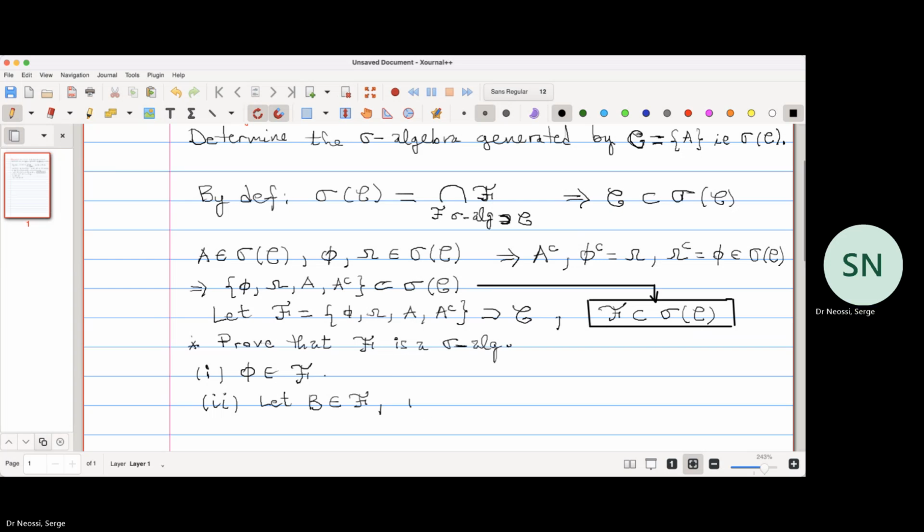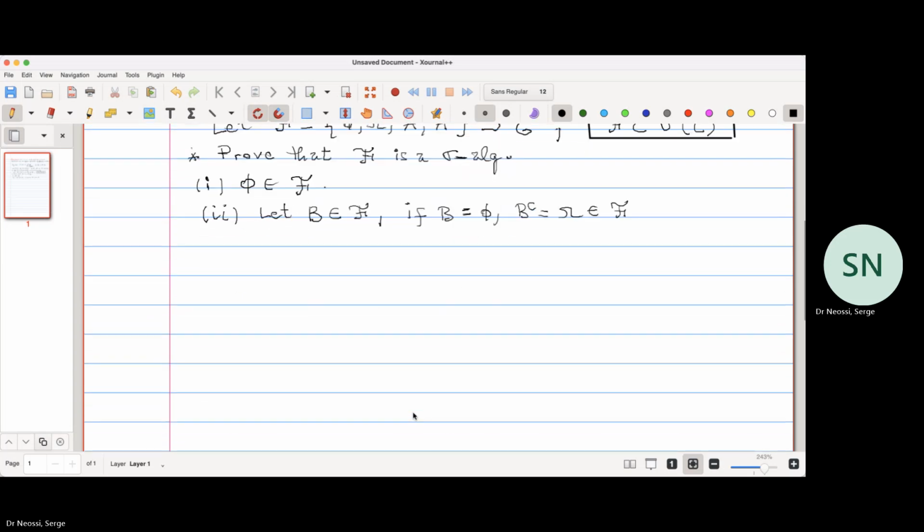If B is equal to the empty set, B complement is omega, and this is an element of F. Now, if B is equal to omega, B complement will be the empty set, which is an element of F.